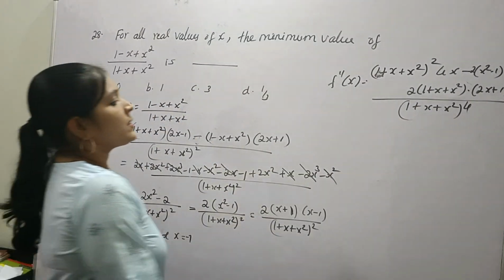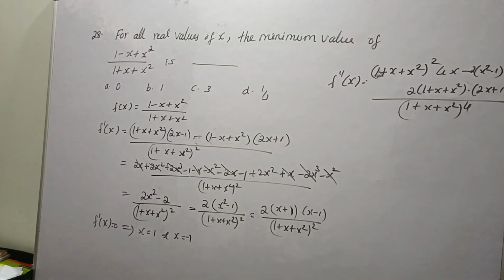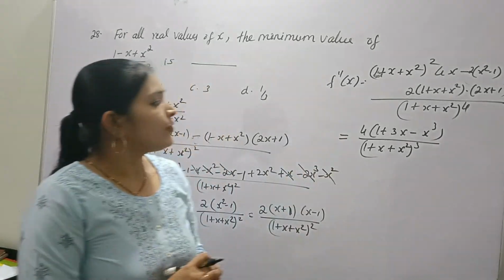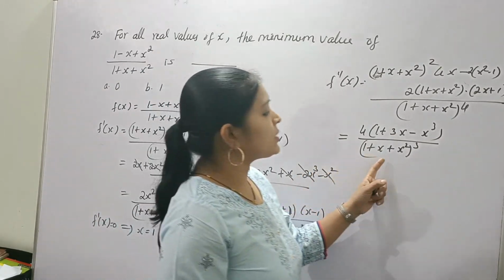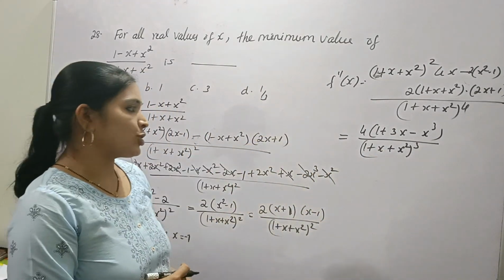Okay, then simplify this one. See, after derivation you will get 4 into 1 plus 3x minus x cube divided by 1 plus x square whole cube. Okay, so that is f double dash of x.